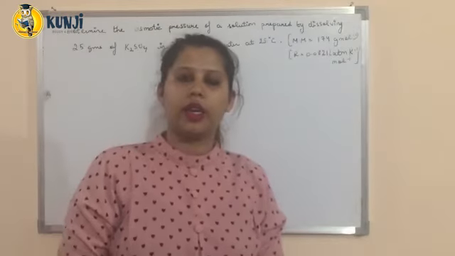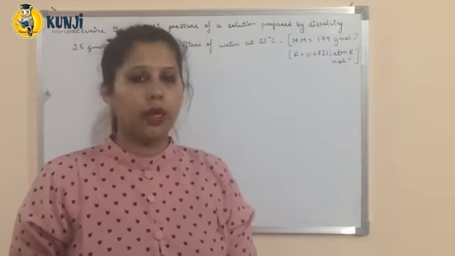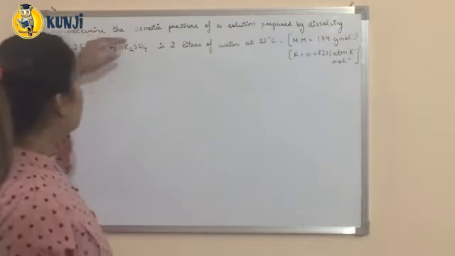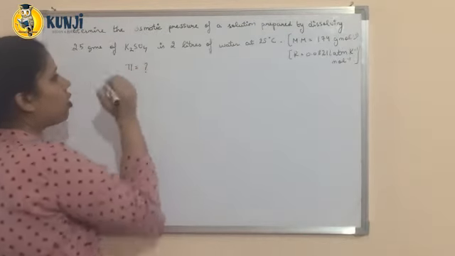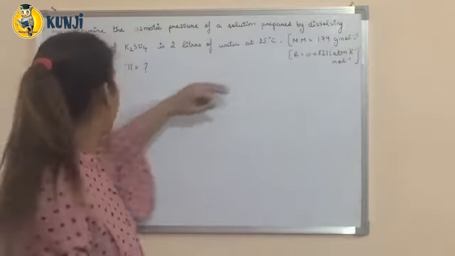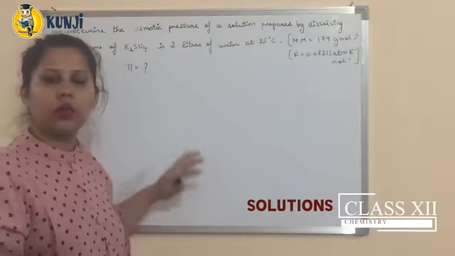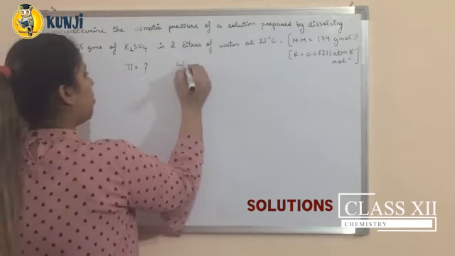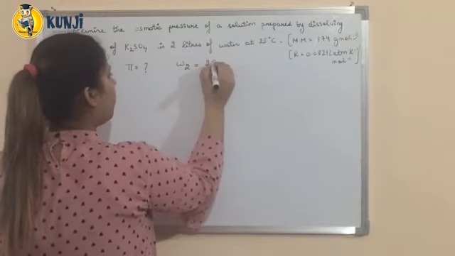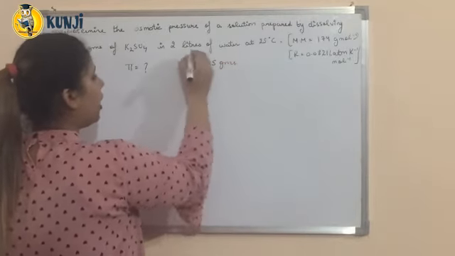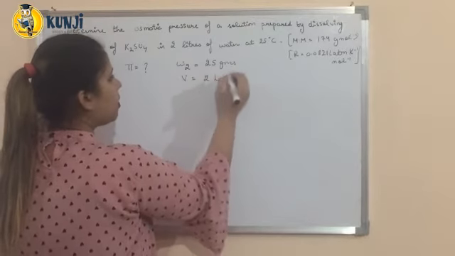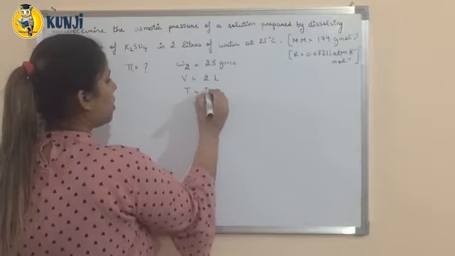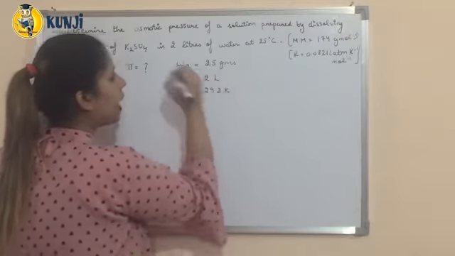Now let's see the numerical related to abnormal molar masses. It is given: determine the osmotic pressure, that is pi, for a solution prepared by dissolving 25 grams of K2SO4. It means W2 is given as 25 grams, in 2 liters of water, so volume is given as 2 liters, at 25 degrees Celsius, which is equal to 298 Kelvin.